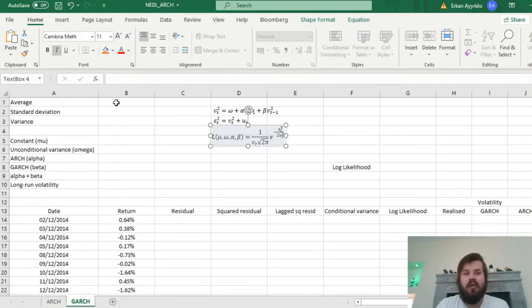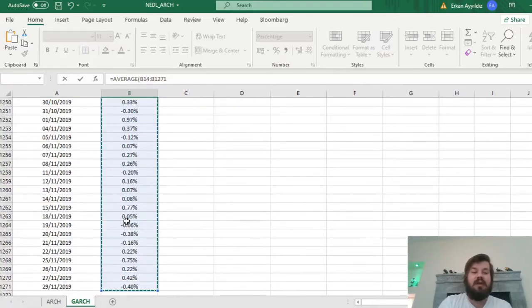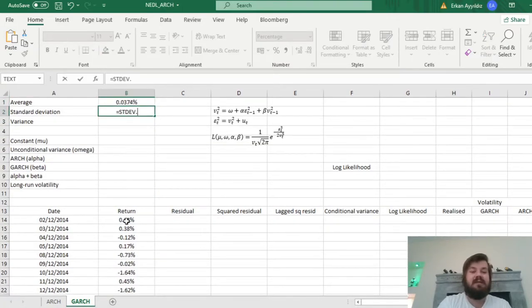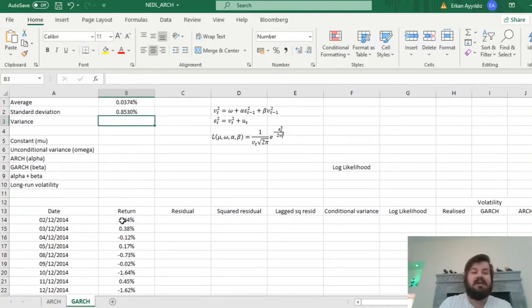So first of all, let's start by specifying our baseline condition when we assume that there are no ARCH or GARCH processes in the volatility of stock returns. We calculate the average return, our constant, our intercept around which the returns fluctuate. Then we calculate our simple standard deviation for the sample, that is the constant volatility, and our constant variance is just standard deviation squared. And then we assume that those are the starting values of our GARCH model parameters.